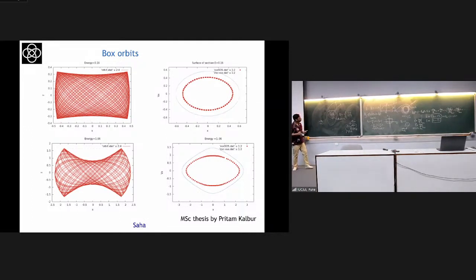Okay. What happens is that the supermassive black hole is at the center of the galaxy, and it has, let's say, a sphere of influence like that, and any of the stars which go close to the sphere of influence will get absorbed. So the box orbits are feeders to the black hole. If you see stars plunging into the supermassive black hole, it is due to their box orbit nature.